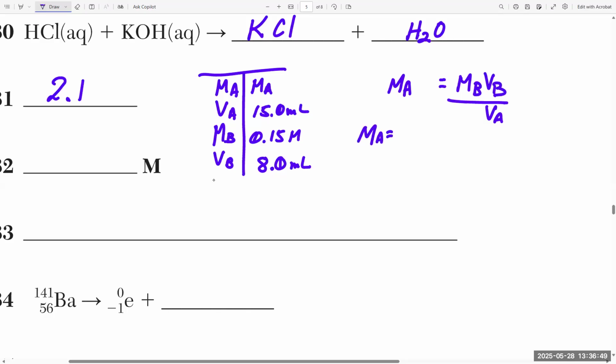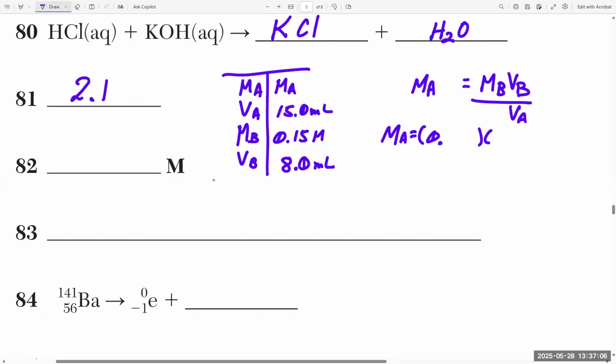So now set this up. MB is 8.0 milliliters. VB, oh, I screwed that up. I mean, it doesn't matter. Doesn't matter what order you put this in because it's multiplication, but it's 0.15 molar times 8.0 milliliters all over 15 milliliters. Check that out.